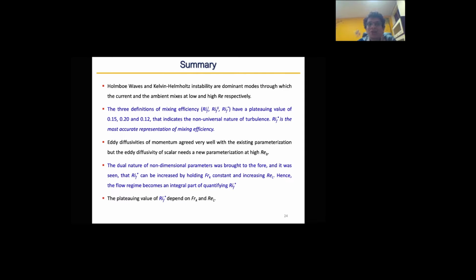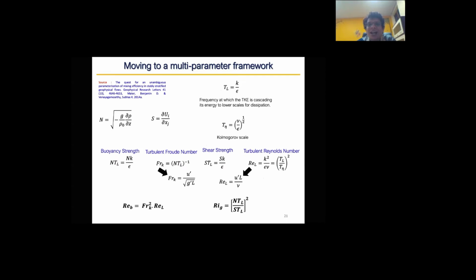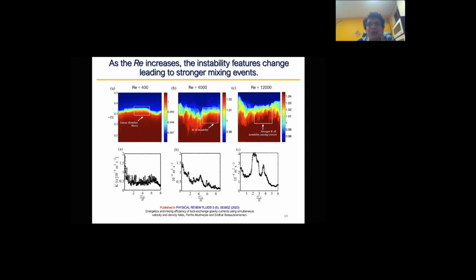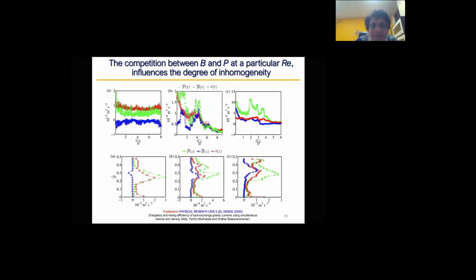At page number 14, 15, you try to show these mixing events, these Kelvin-Helmholtz instabilities or linear Holmboe wave kind of instabilities, what one will see. After that, you try to calculate these production terms, production and buoyancy terms. I'm just curious, what is actually special about this particular z by H?